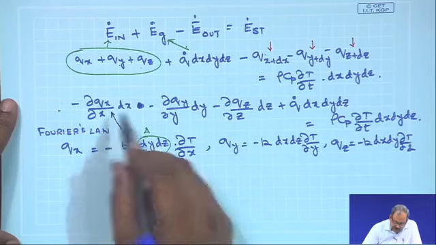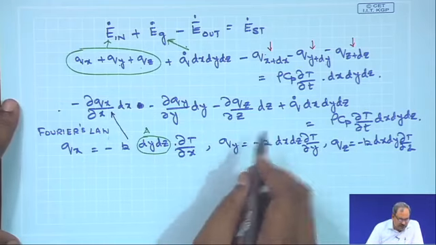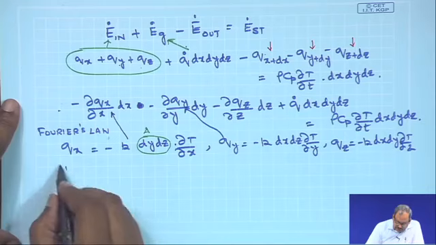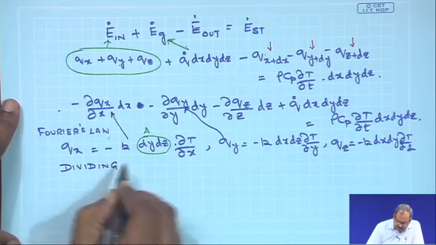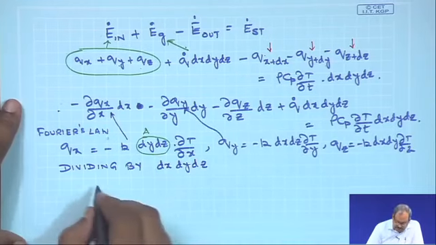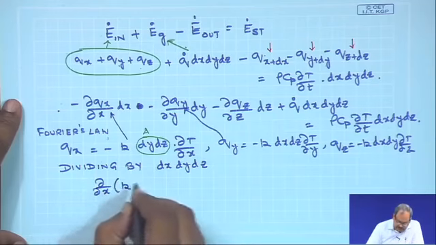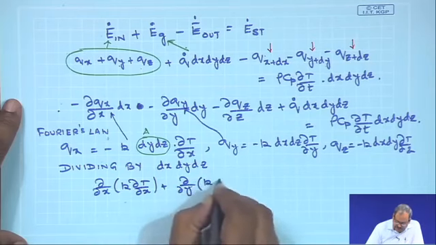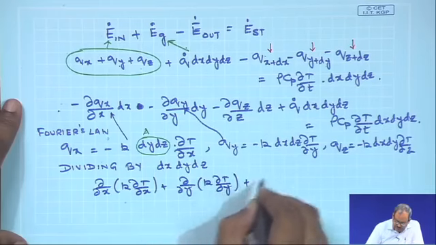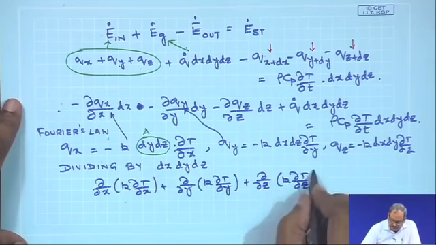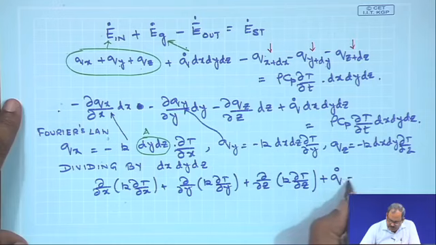So, once these are put in here and you divide both sides, what you would get is del/del x of k del T/del x, plus del/del y of k del T/del y, plus del/del z of k del T/del z, plus q dot, is equal to rho Cp del T by del t.